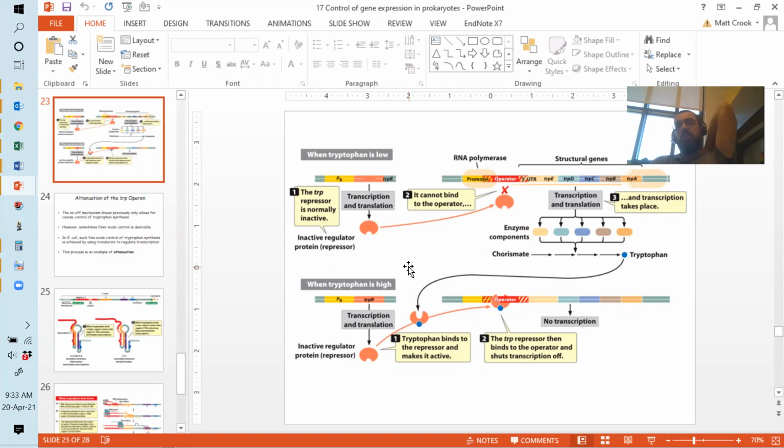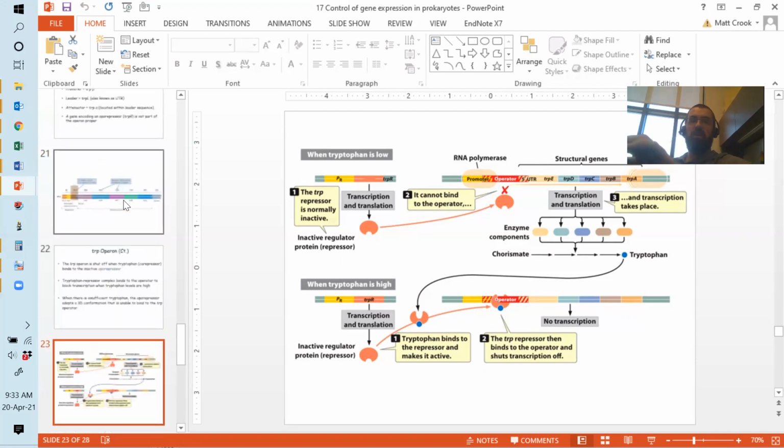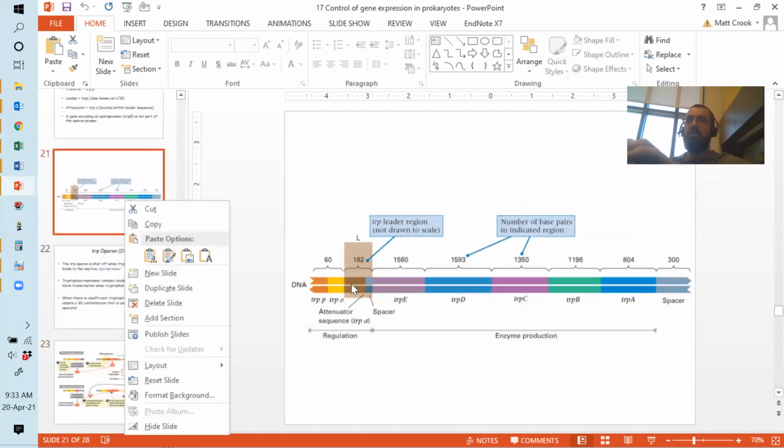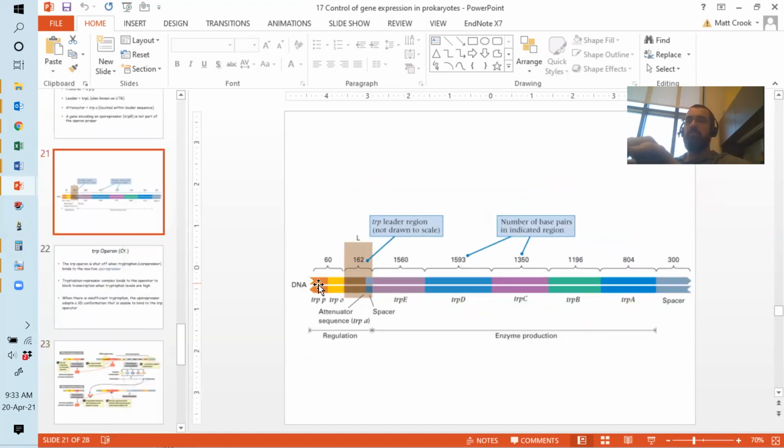Essentially, we have the same deal going on here. We want to fine tune, or the bacterium does, the output of the trp operon depending on how much tryptophan is present. And that's done using, let's go back up here, this leader sequence, right?